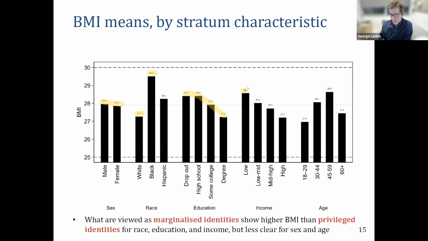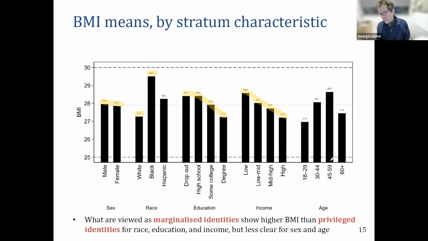Most marginalized group financially to the most privileged group financially, better outcomes. But for gender, women would be viewed as more marginalized in these debates in general, and men more privileged, and there's no difference there. But obviously, what we mean by marginalized and privileged identities depends on the outcome we're talking about; for BMI it'd be different than for wages.